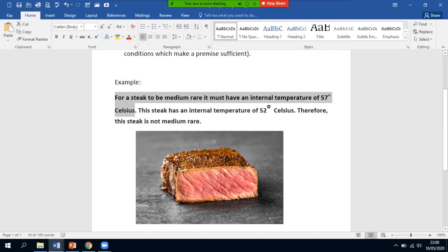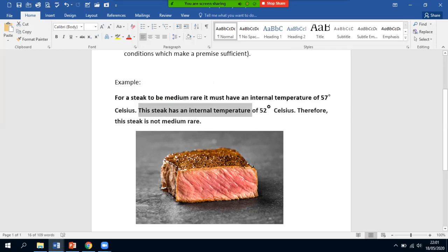For a steak to be medium rare, it must have an internal temperature of 57 degrees Celsius. This is accurate and can be taken to be true because research has shown, and through lots of people cooking steaks, they've established that 57 degrees is a temperature for a medium rare steak.